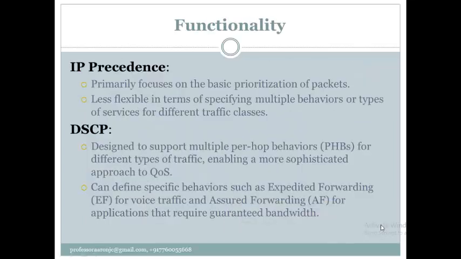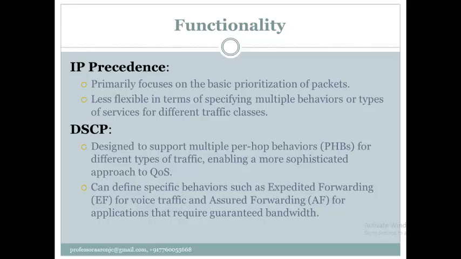So DSCP has got two different classifications, EF and AF. EF marked traffic are highly safe packets. They never get dropped.